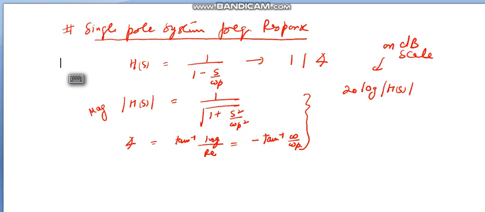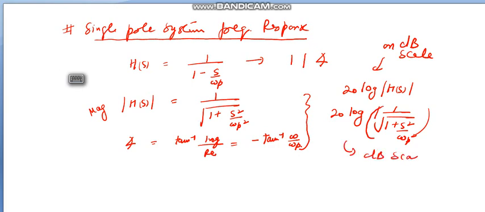Now we can write it like 20 log 1 plus omega square upon omega p square. So this is on dB scale.